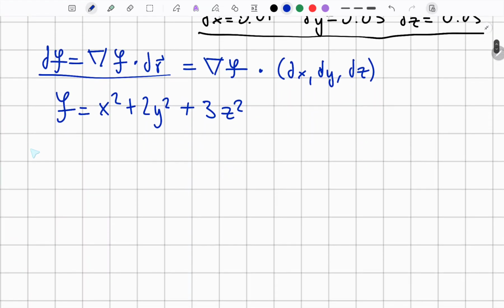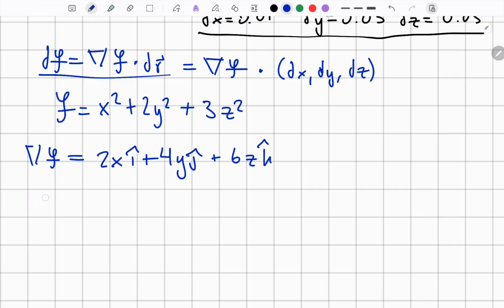Now we're going to go ahead and take our gradient of f. If you're not familiar, I do have a video on taking a gradient. The x component is going to be 2x i, the y component is going to be 4y j, and the z component is going to be 6z.